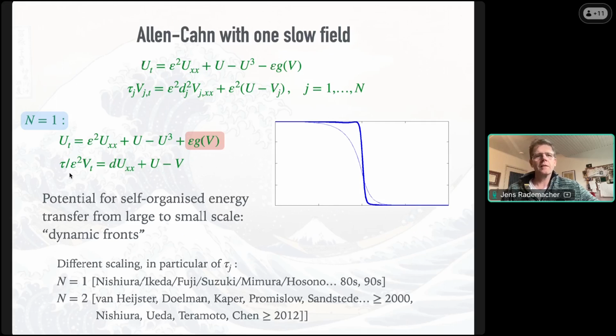So that's kind of another thing that enters here that is important. And Arjen Doelman, Tasso Kaper, and many others have worked on this as well, also Japanese, and this is by no means complete. So many people have looked at this class of equations. And here we're looking at this particular regime where this timescale parameter is of this scale with respect to epsilon. And that makes a big difference, actually, it turns out.